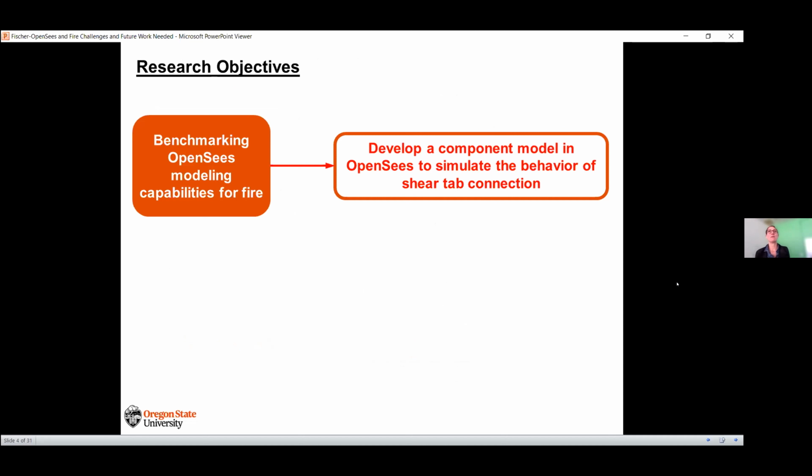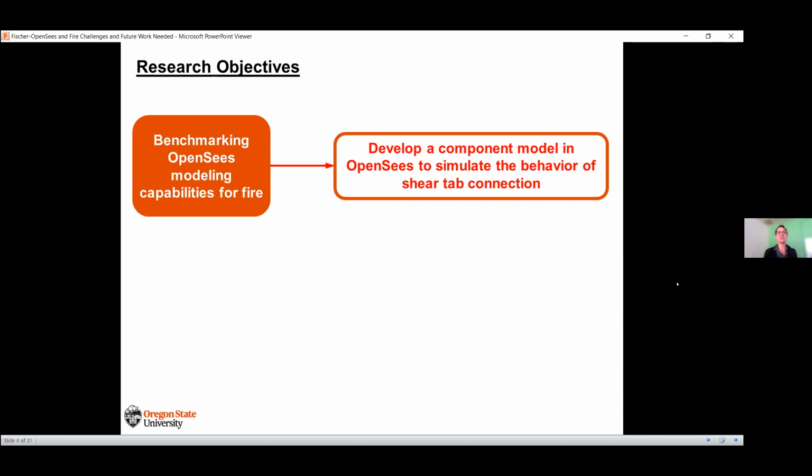While we can idealize these as a pin at ambient temperature and non-fire conditions, during a fire we can't idealize this as a pin, because we would completely overestimate the capacity of the building, not including the potential failure that occurred in these connections, and miss out on why our steel structures are actually collapsing.